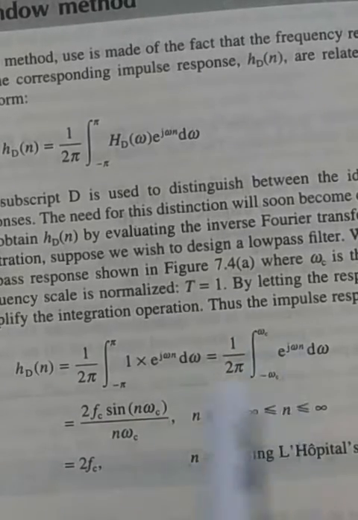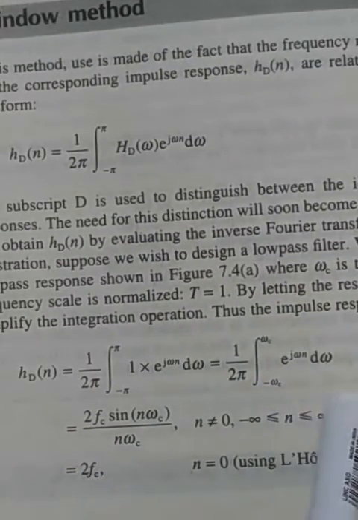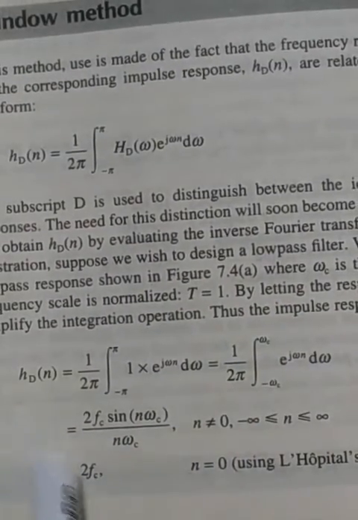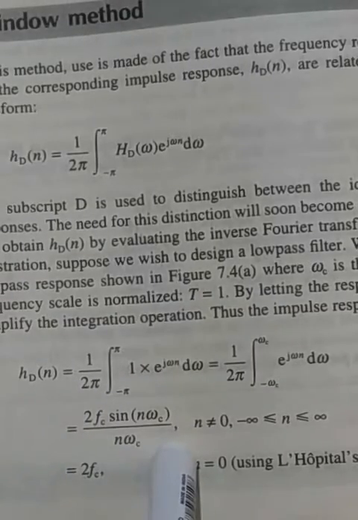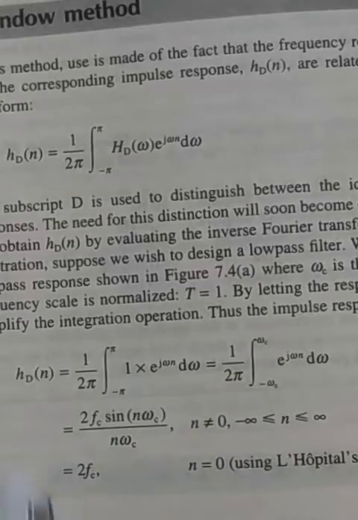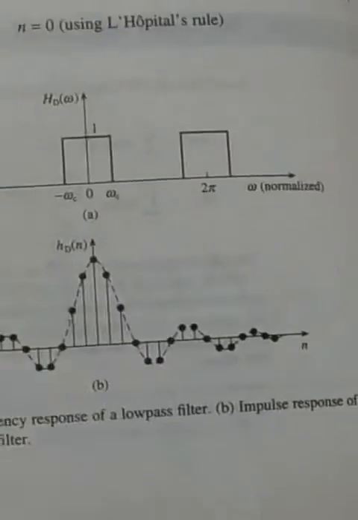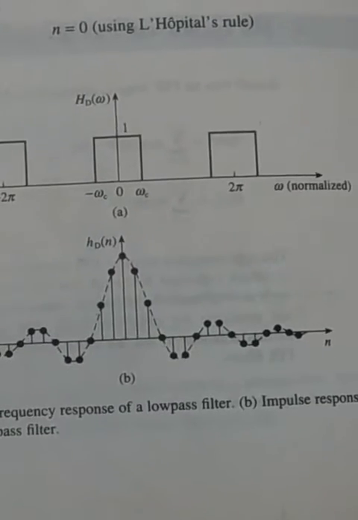The value is 1, otherwise it is 0. So this integration will be calculated within this range, and after integrating, you will find this type of form, which is basically a sinc function, and this sinc function will look like this.